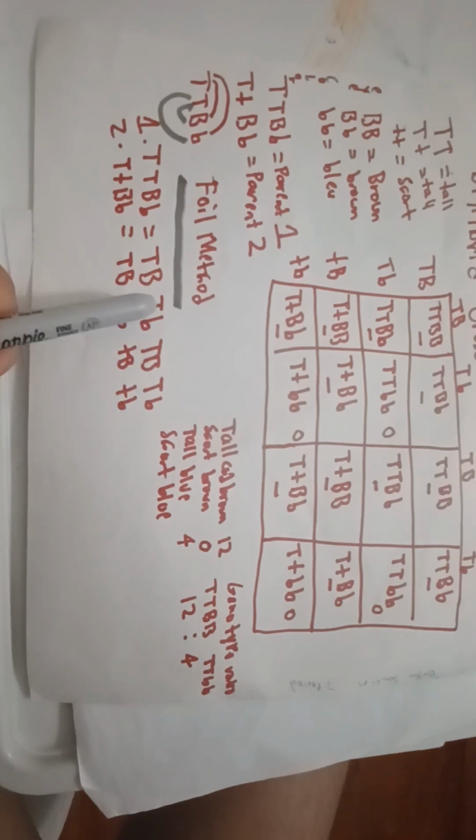So in this case, we got four possible outcomes. The second parent, you gotta do the same method, and we gotta distribute the T into both B, and do the same with the lowercase b.